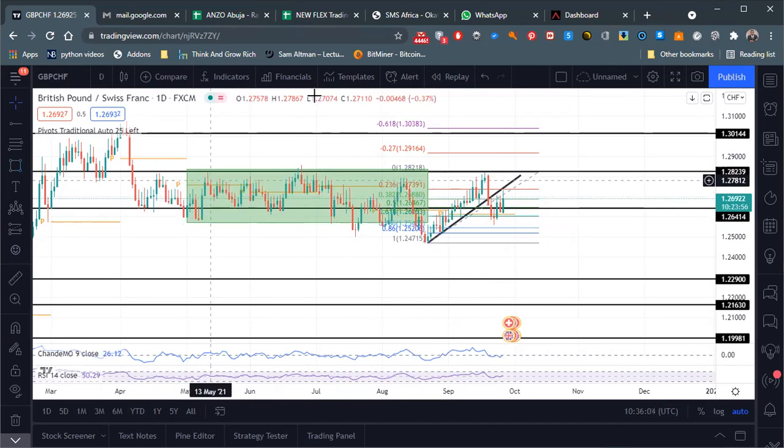Then what happened is the market broke below and then went above. So we have this false break, which is then followed by an immediate move to the top, right? And I'm essentially looking for this market to break this area here, and then we could continue to move to this area here.